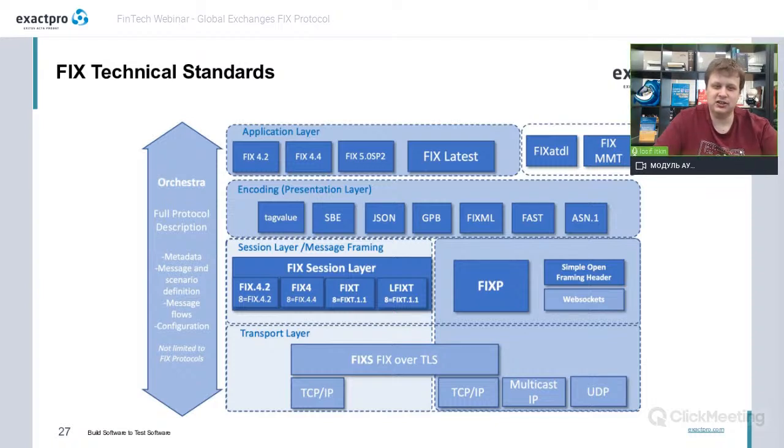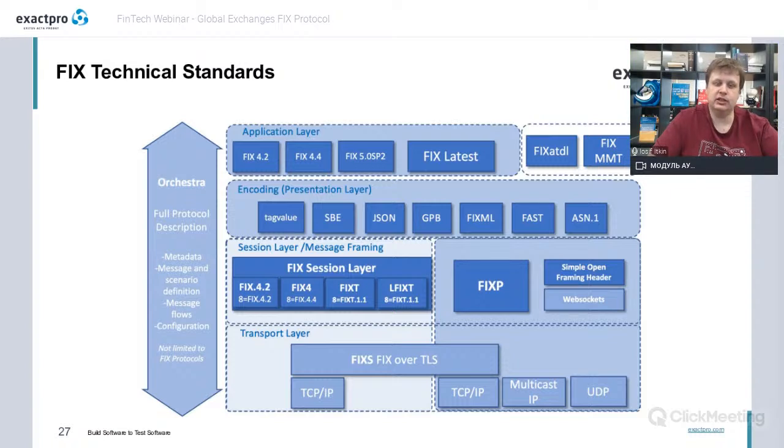And currently, fixed technical standards allow different ways of encoding messages, including tag value, the one that was referred to previously in 54 equals D, etc. We'll talk about it a little bit more.